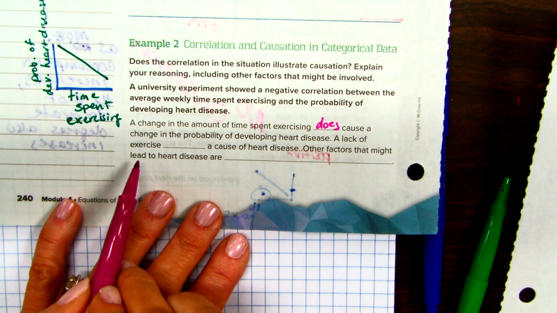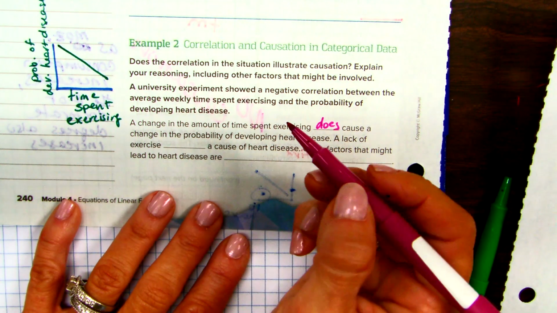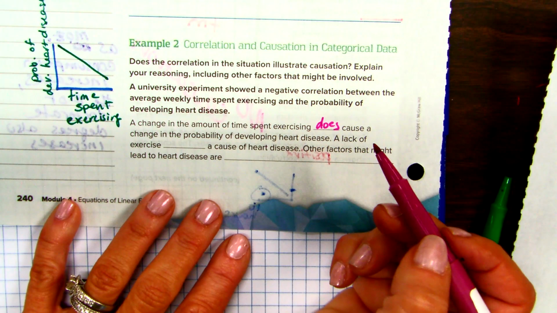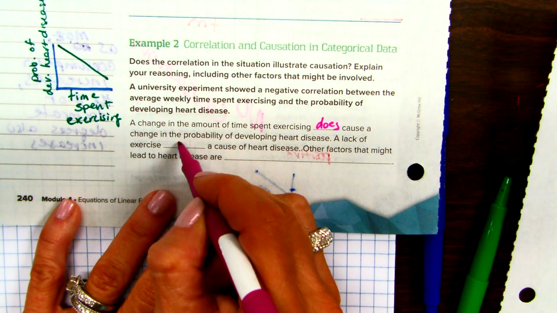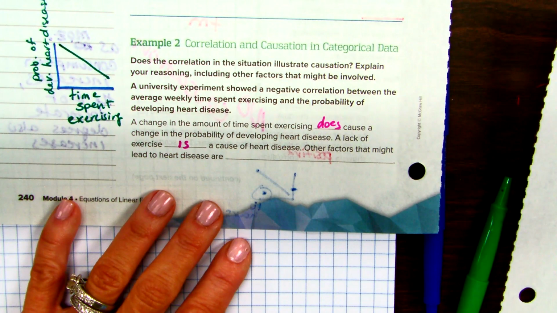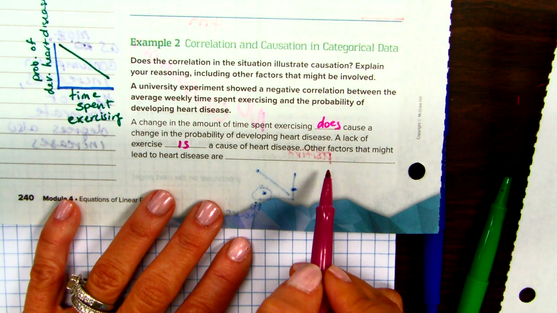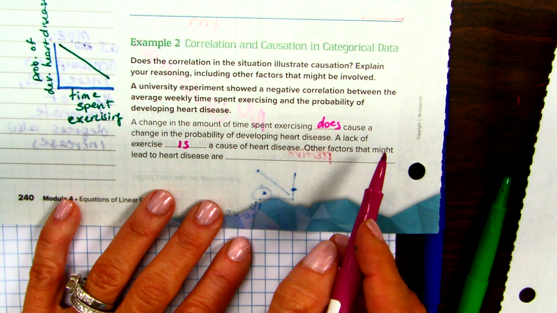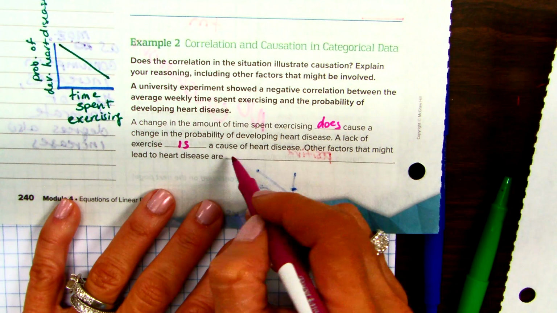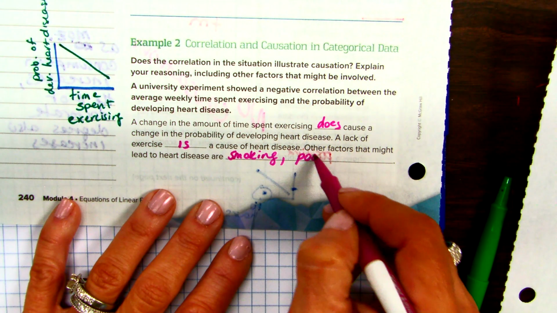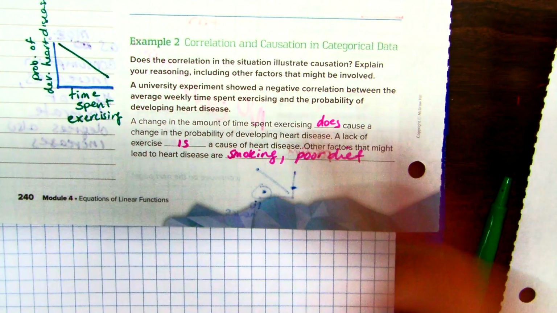A lack of exercise, I think it's supposed to be, is a cause of heart disease. Other factors, and I feel like this is dumb, but they have asked us, this is not a health class. Don't have to know this, but like smoking, poor diet, things like that, okay? But don't worry, that's not going to be on the test or anything.